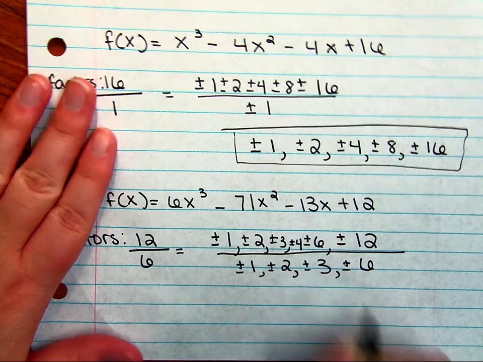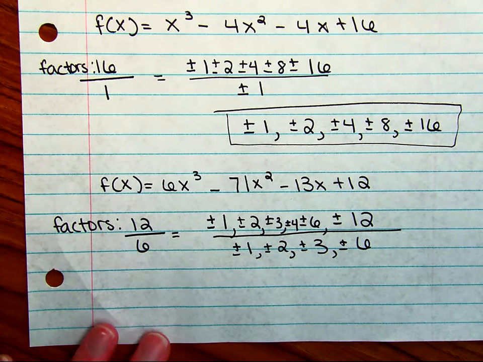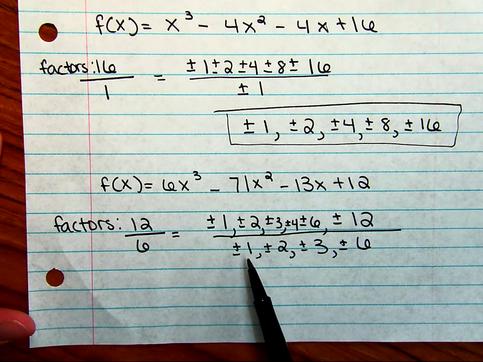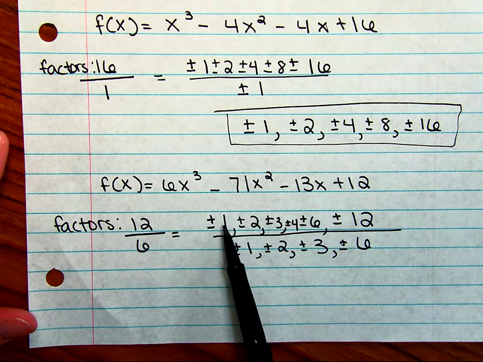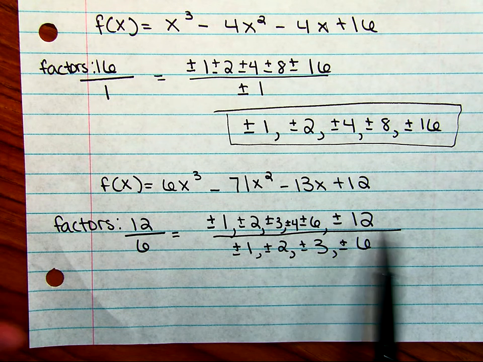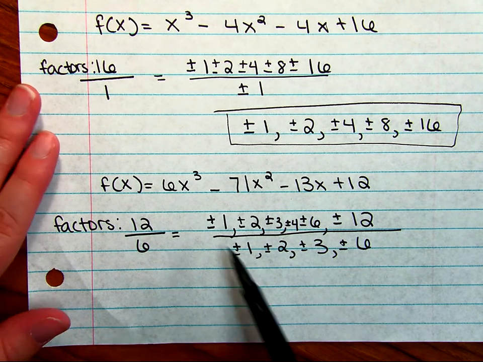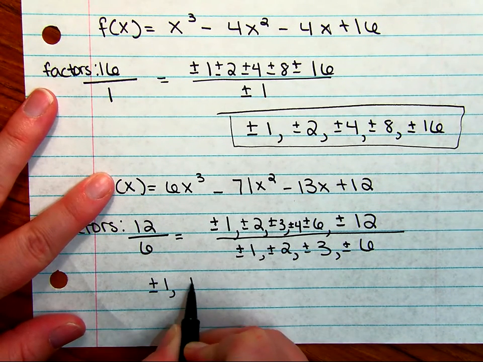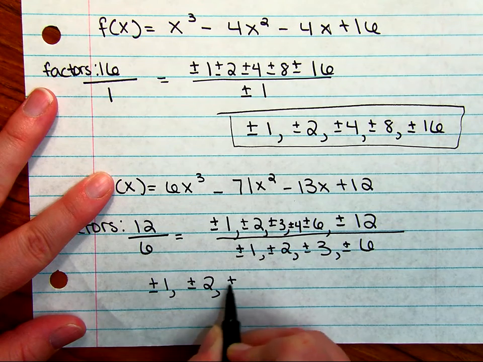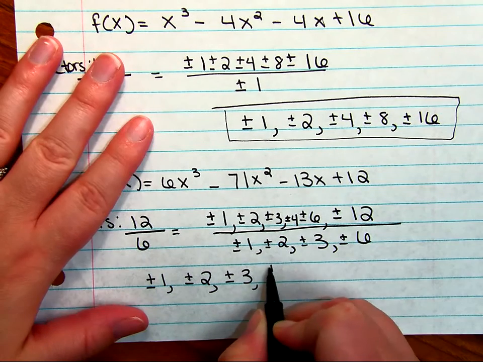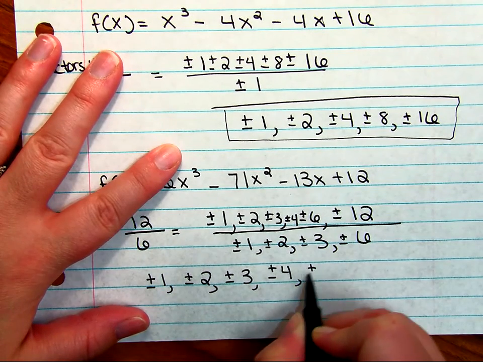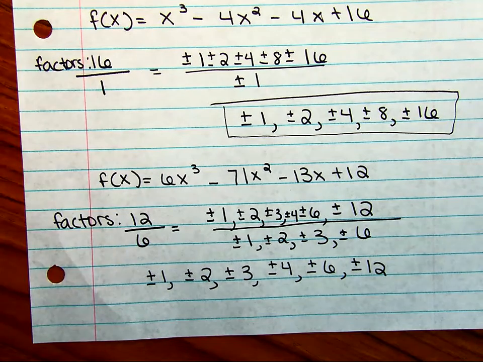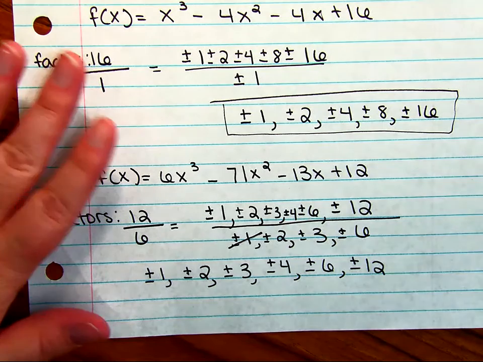All right. Now this one is a little bit more difficult than the one we had above. So what I do is I use each number in the denominator with each number in the numerator, and I just make sure I don't repeat anything. So everything is over 1. All right, and then I go ahead and cross off that 1 because we've already taken care of that.